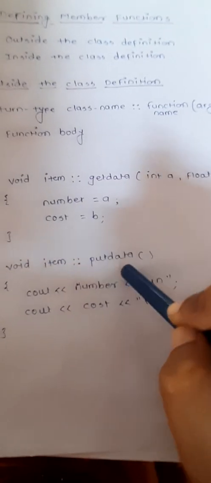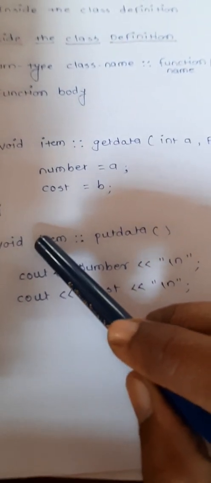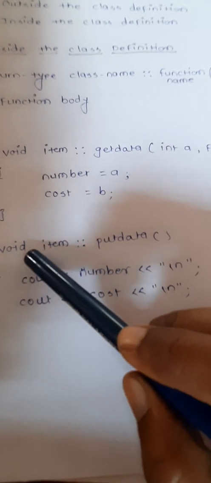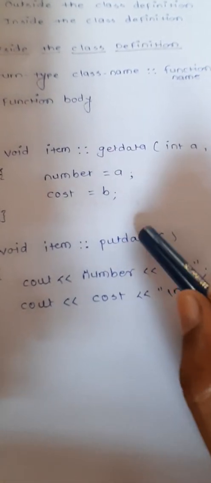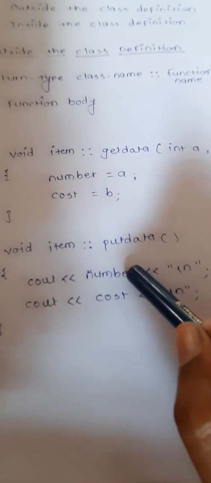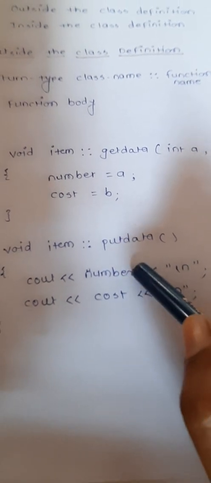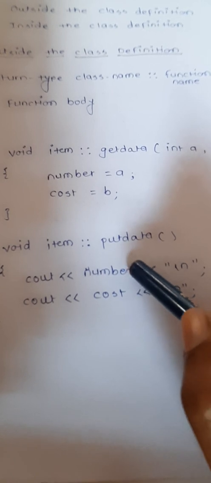Then here is the put data function definition. This function also does not return anything, so void, item, scope resolution operator and put data. And here we write the definition of put data. As we know, the put data function is used to display the values of number and cost.